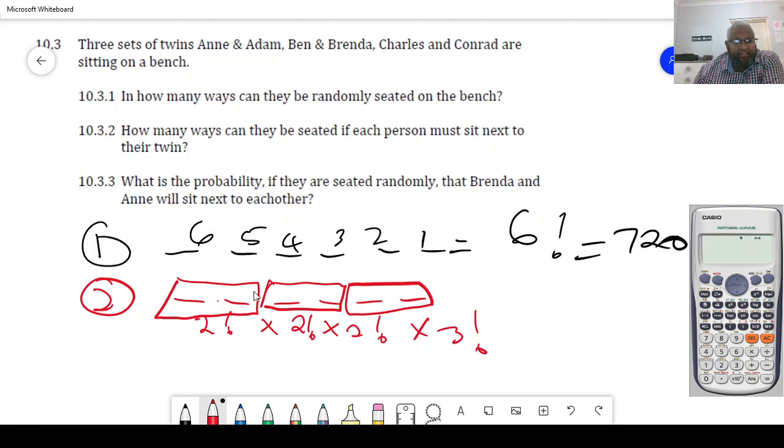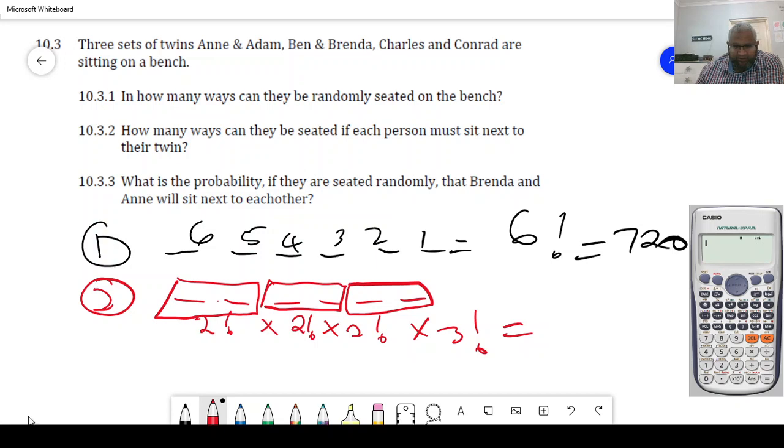Anne and Adam can sit there, there or there. So in other words, we have 3 placings that the twins can sit in. So it's going to be 3, 2, 1, so 3 factorial there. If you work that out on the calculator, I think the answer was 48.